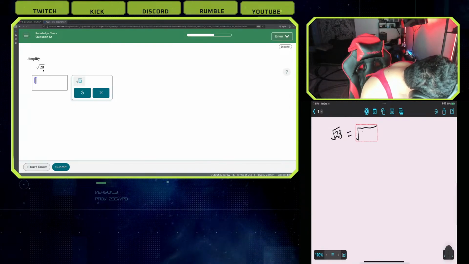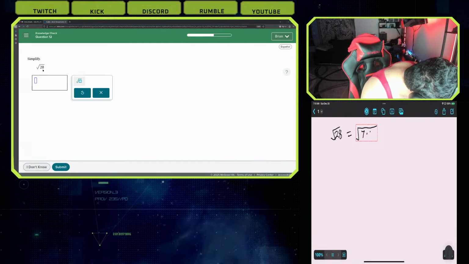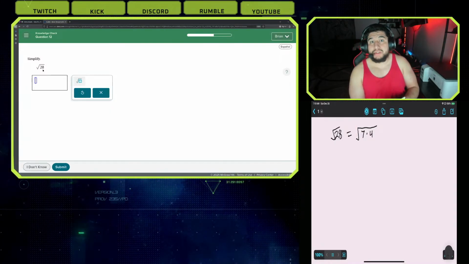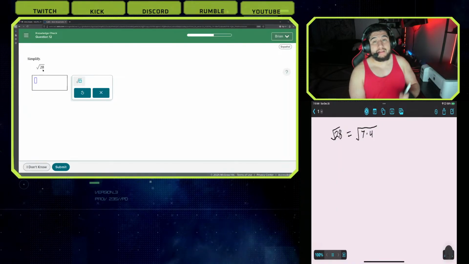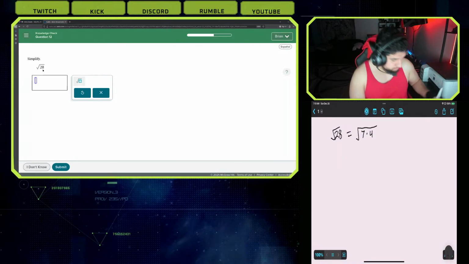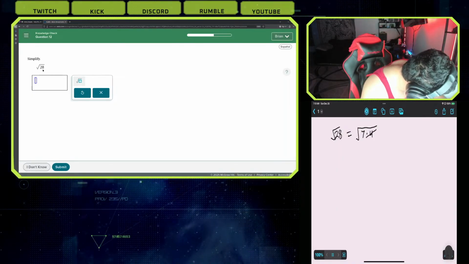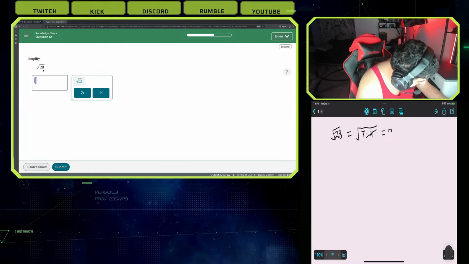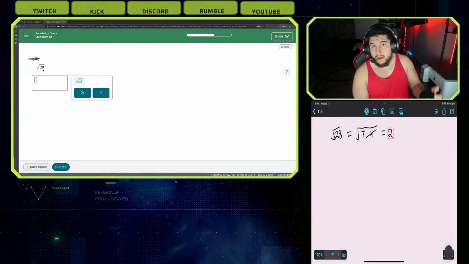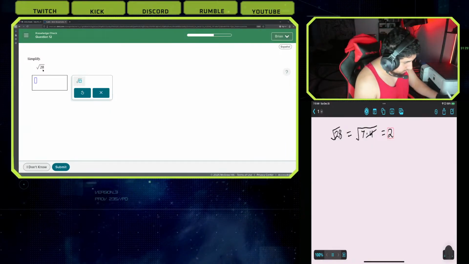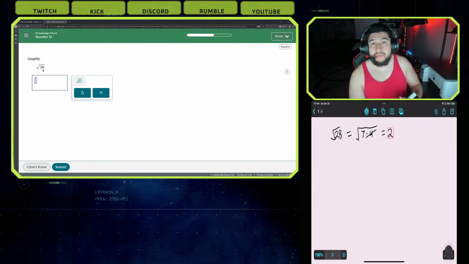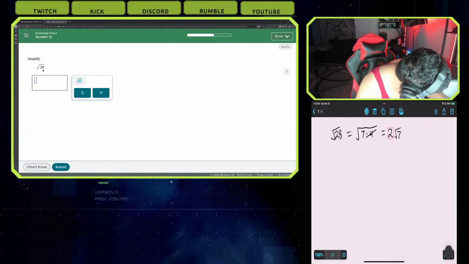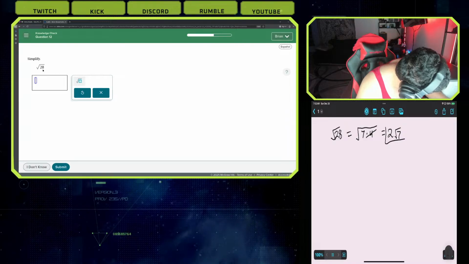Now, you can't take the square root of 7, but you can take the square root of 4. The square root of 4 is 2. So now we can remove the 4. On the outside, 2 made it out. The 4 got crossed out. The only thing left over is 7. So 2 square root of 7 is the answer.